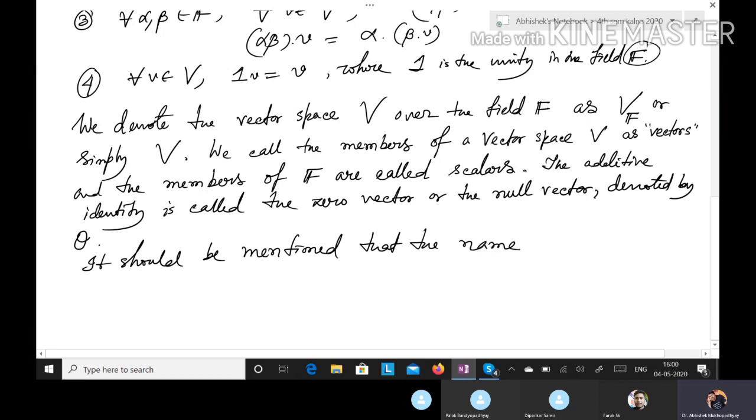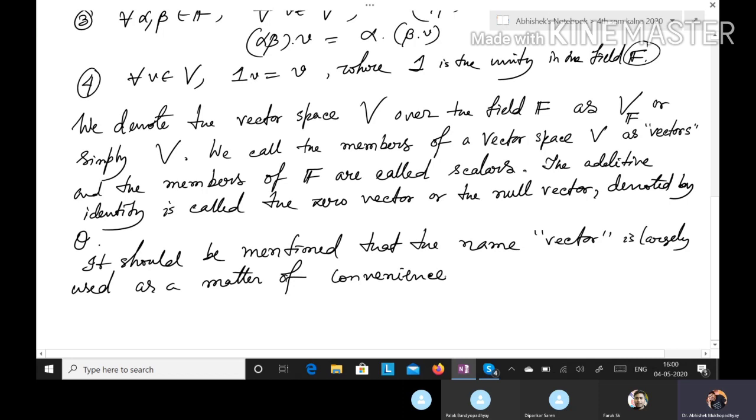One should not put too much importance on the name, as the variety of objects occurring as vectors in V may not bear much resemblance to any previous notion of vectors.